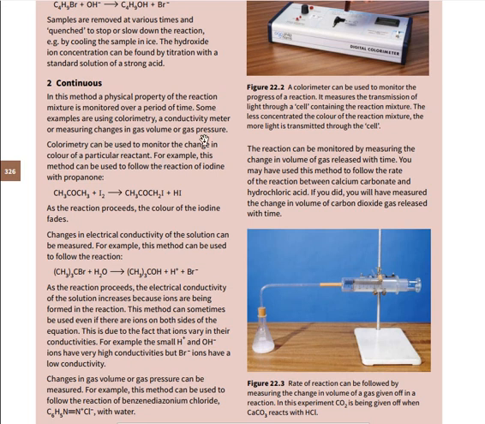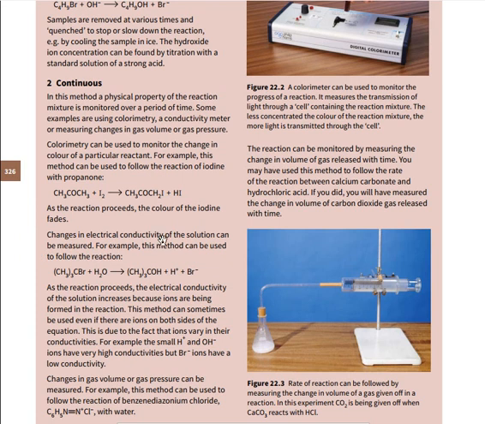Colorimetry can be used to monitor the change in color of a particular reactant. For example, it can be used in the case of iodine. You need to know that iodine is dark red. Since iodine is dark red, in this reaction it is going to become much more colorless as the reaction progresses, and you can plot the intensity of color against time.